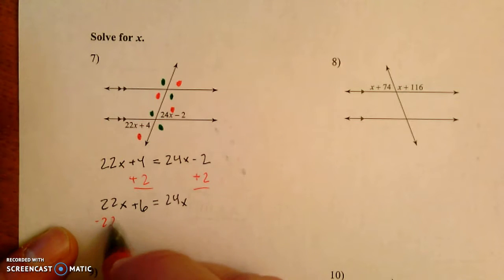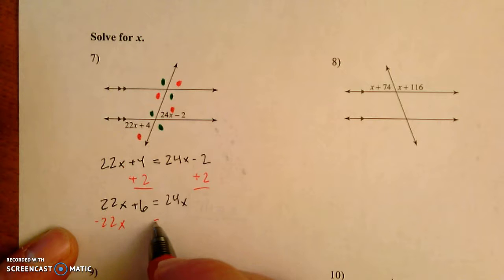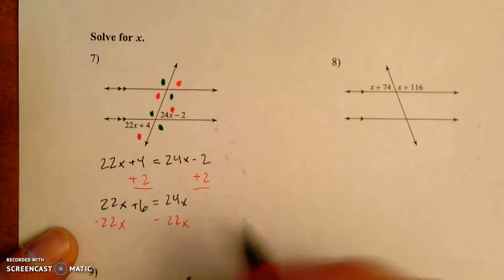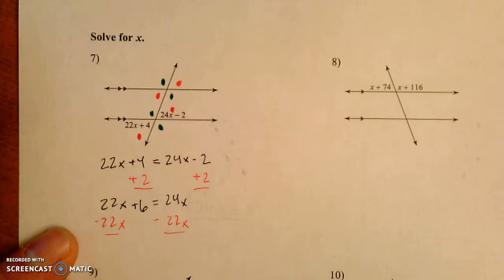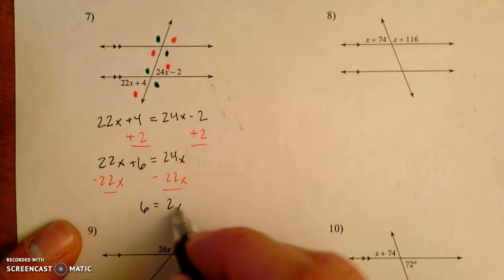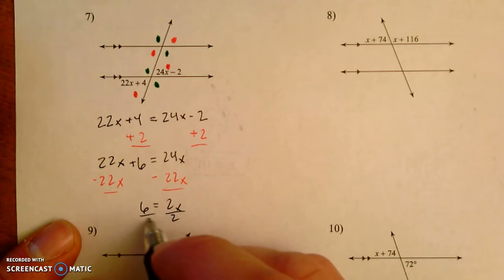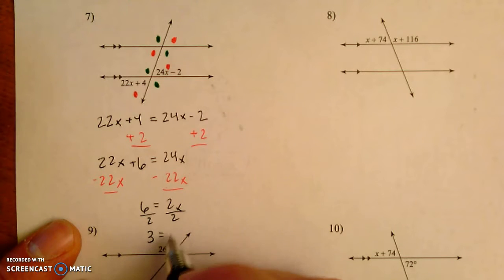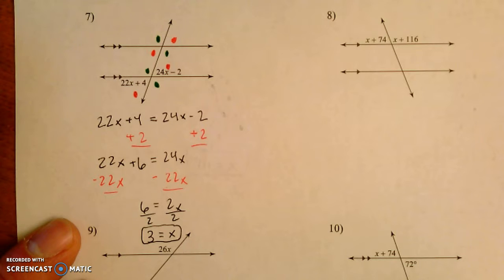Now I'm going to subtract 22x over here, and 22x on this side. And then we're going to end up with 6 equals, see, 24x minus 22x is 2x. And then we're going to divide by 2. And we get 3 equals x.